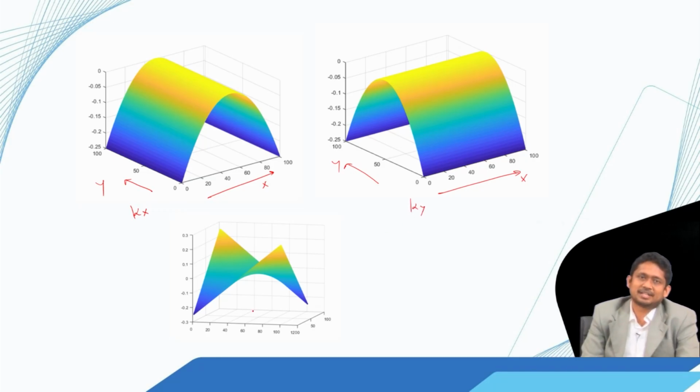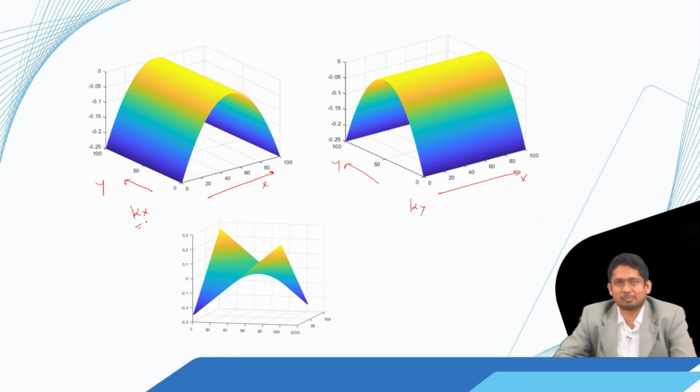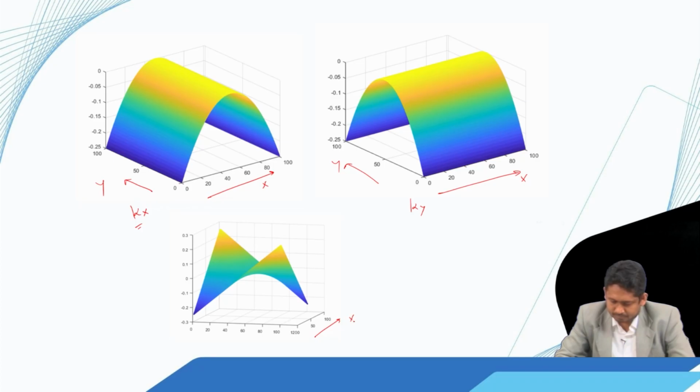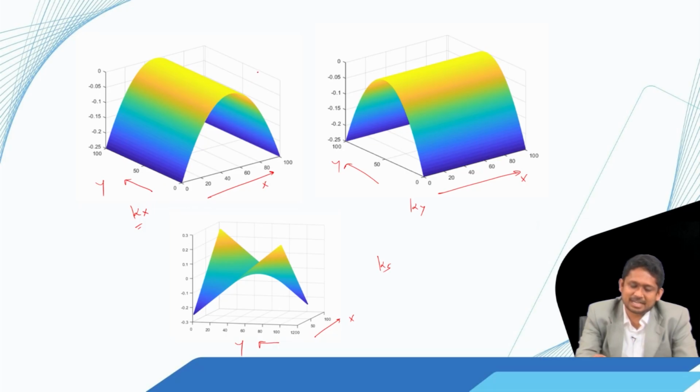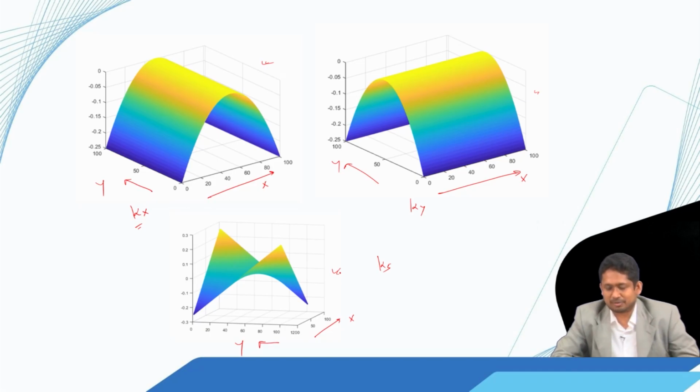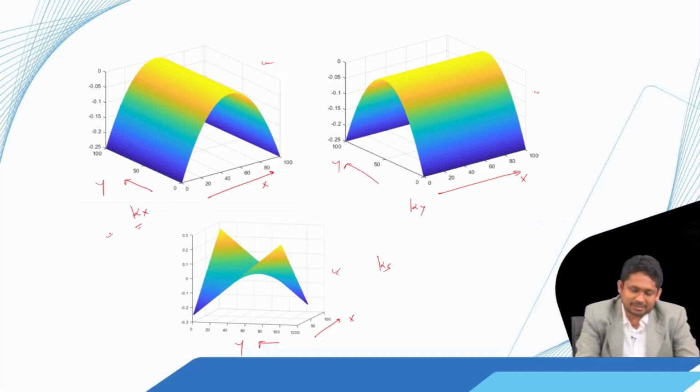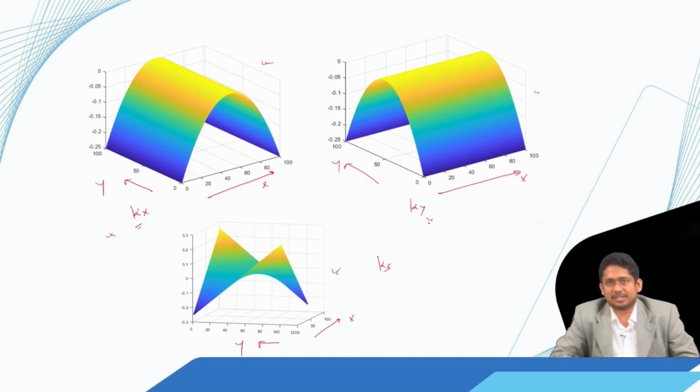Here one thing to note is that in the definition of these terms we have absorbed the negative sign, that is why these curvatures are all negative. And this is the result of the last term kappa s. This is a type of bending deformation and this is a type of twisting deformation. So, these are the significance of all these components that we get: epsilon x 0, epsilon y 0, epsilon s 0 and kappa x, kappa y and kappa s.